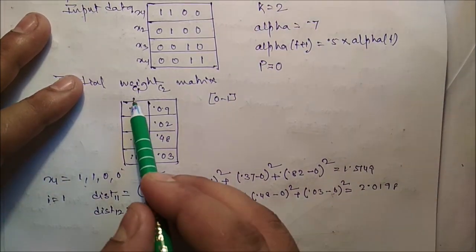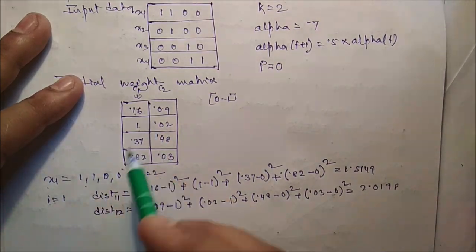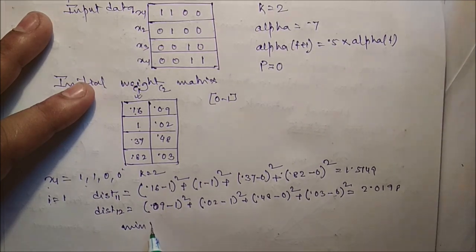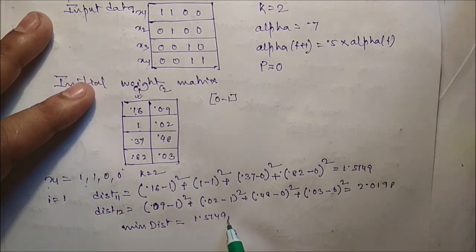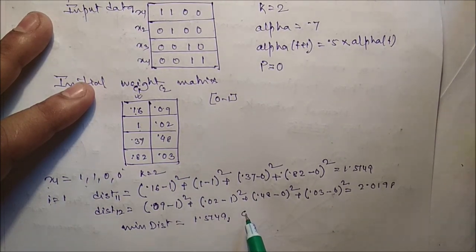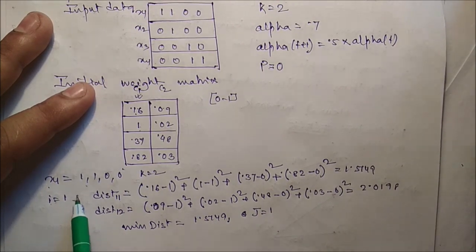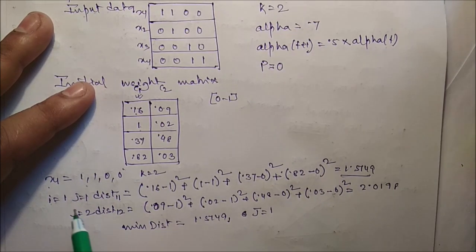So for C1, the distance between x1 and C1 is minimum. The minimum distance is 1.5149, when j is equal to 1. This is minimum when j is equal to 1.